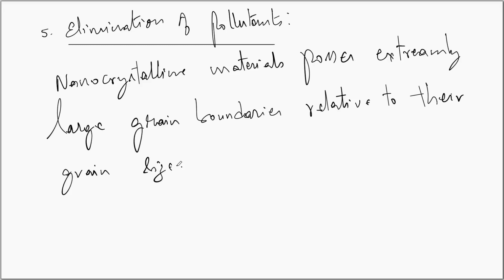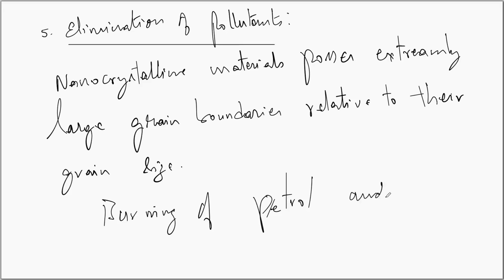Because of this factor, they possess active physical, chemical, and mechanical properties. Due to their enhanced chemical activity, nanomaterials can be used as catalysts to react with noxious and toxic gases. These nanocrystalline materials contribute a lot to the environment. They can prevent environmental pollution arising from burning of petrol and coal.